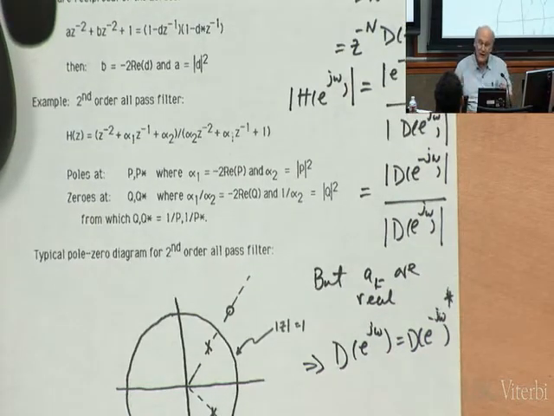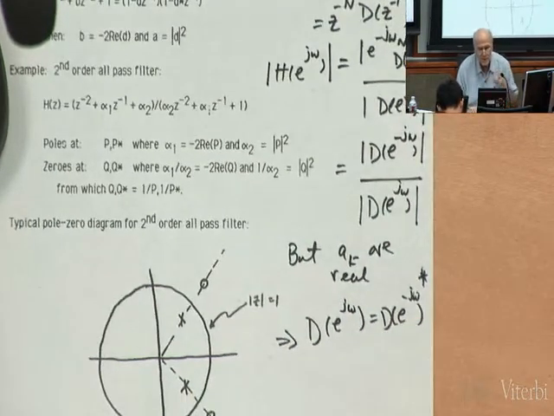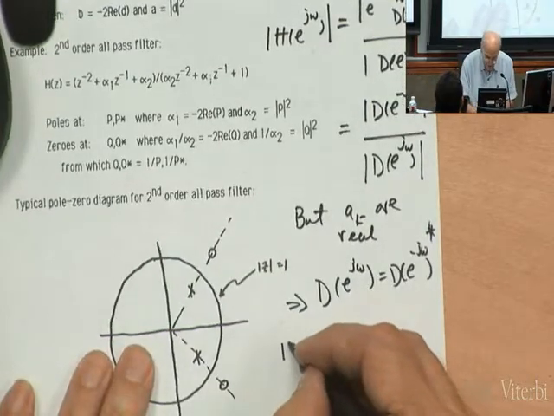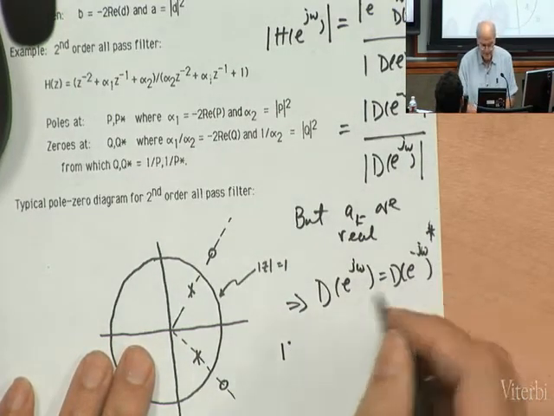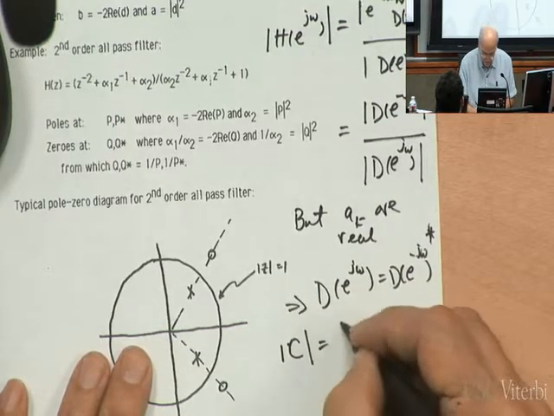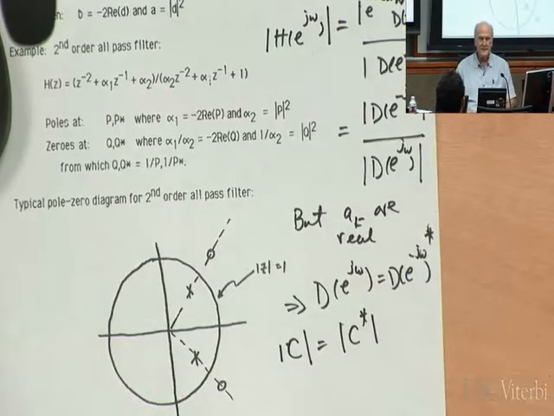This is a very good example to go through because there are several things happening. You sure get practice using your complex arithmetic. And we furthermore know that the magnitude of C, where C is complex, is equal to the magnitude of C complex conjugate, right?